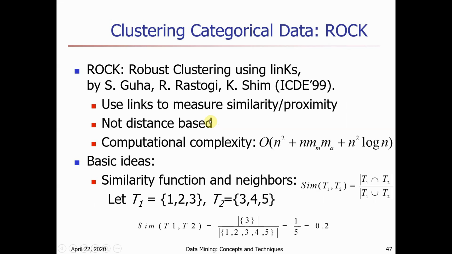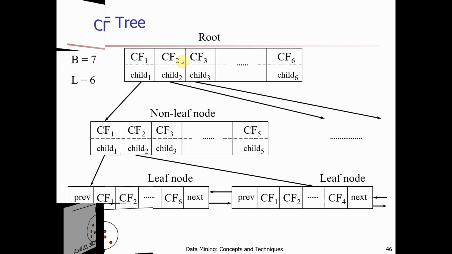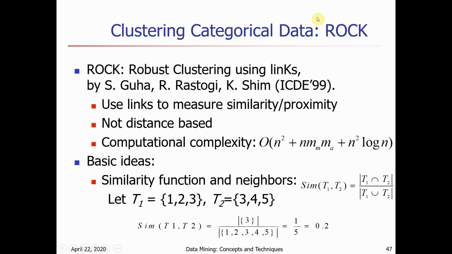Okay. Next concept is called ROCK. ROCK means robust clustering using links. In this algorithm we use links to measure similarity.